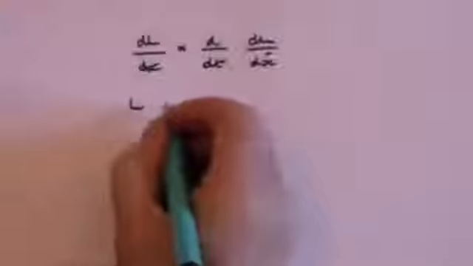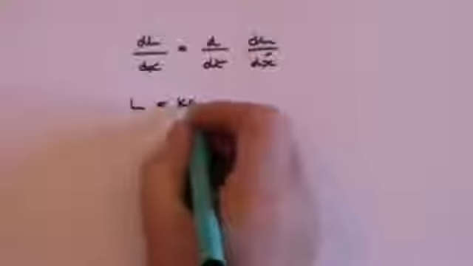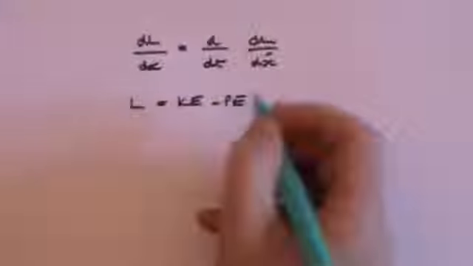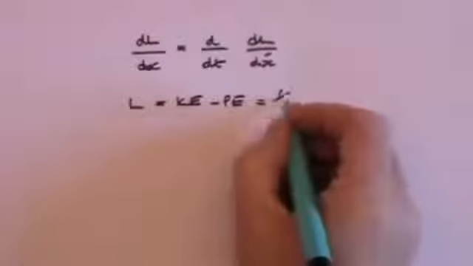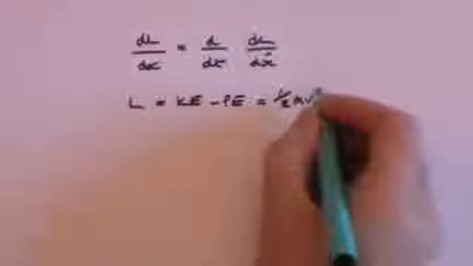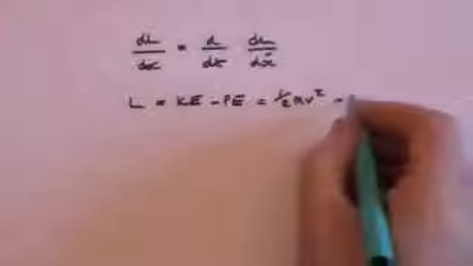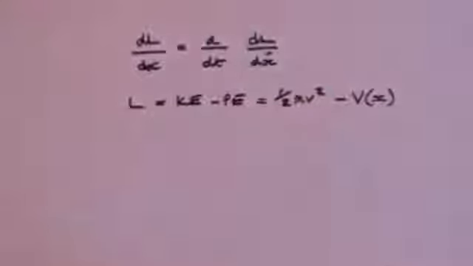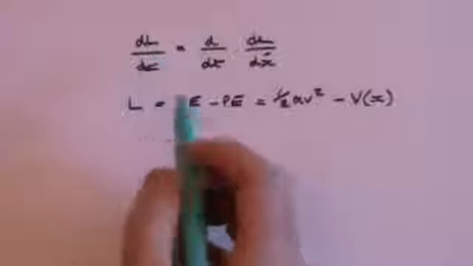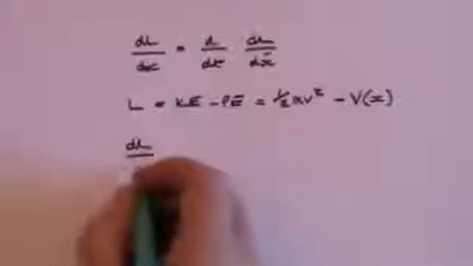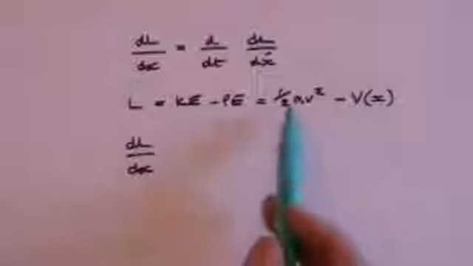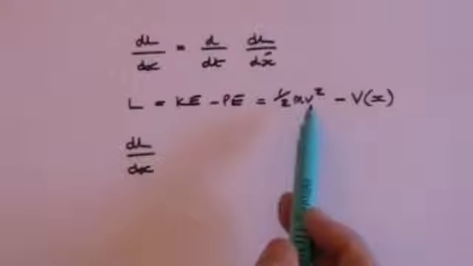Remember that the Lagrangian itself is the kinetic energy minus the potential energy, which is a half mv squared, or half m x dot squared, minus, well, we'll just call the potential energy V, which of course is a function of x. So let's first do this side of the equation, dL by dx. Well, there is no x term in half mv squared.